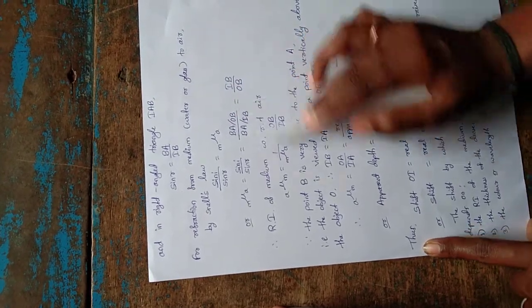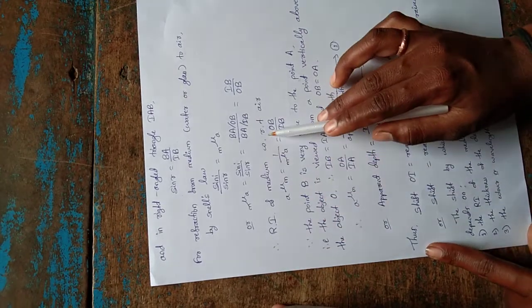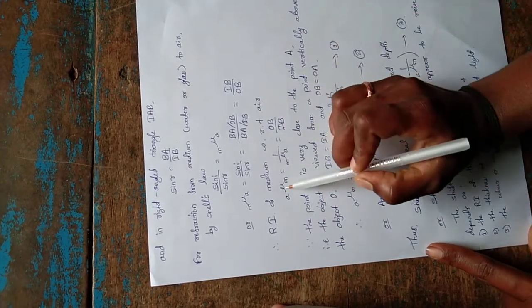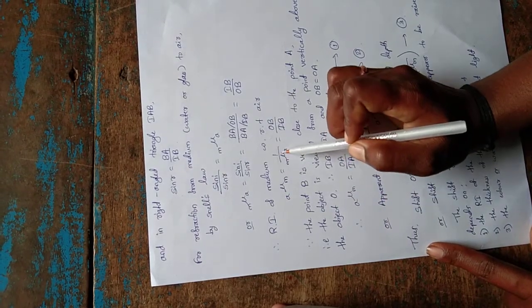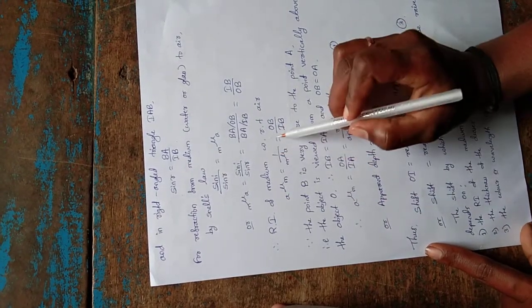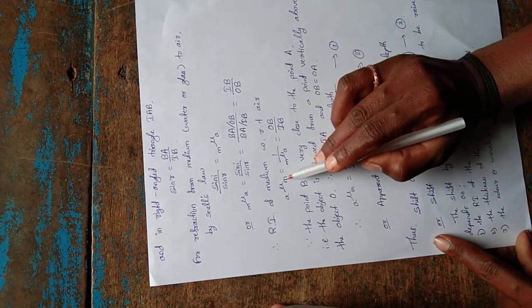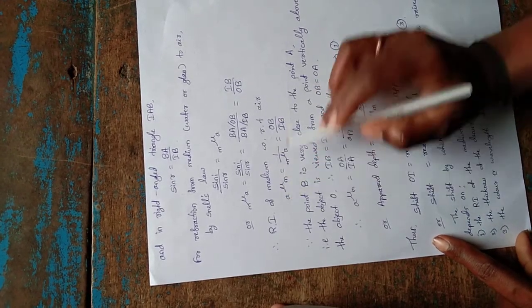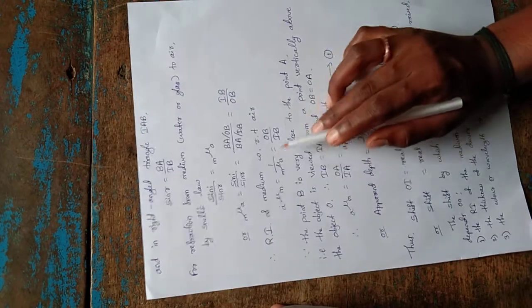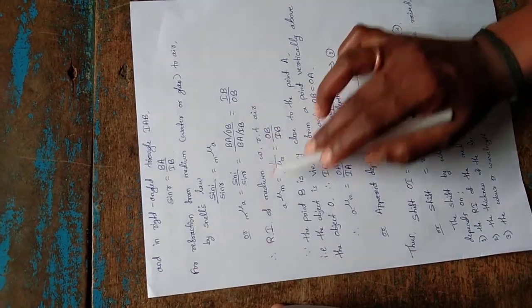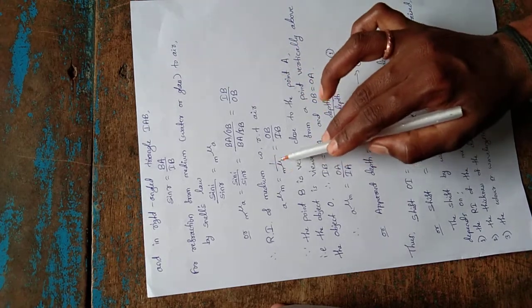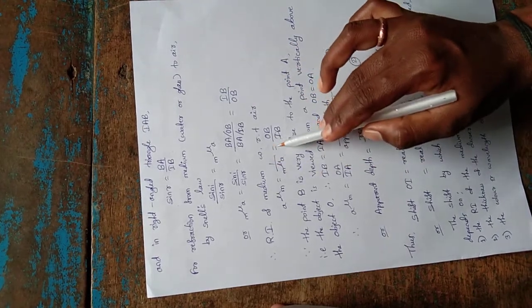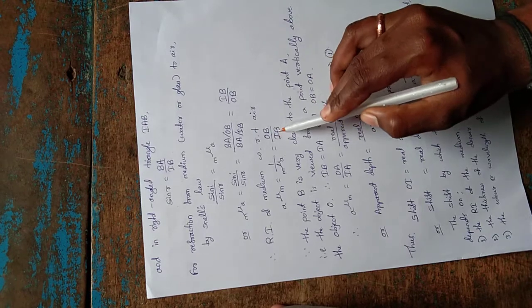We should take the reverse. Therefore, the refractive index of medium with respect to air, mu AM, is equal to 1 divided by mu MA, where M means medium and A is air. Mu MA is IB by OB, so this is 1 upon mu MA, which gives the reverse, OB by IB.